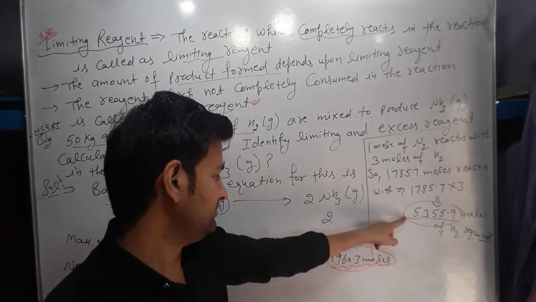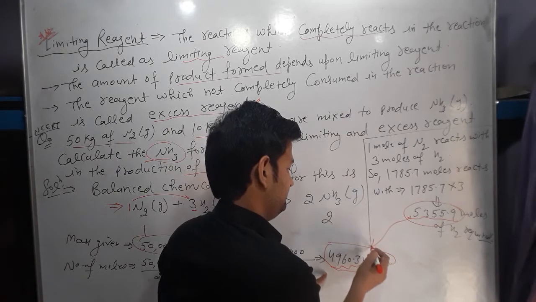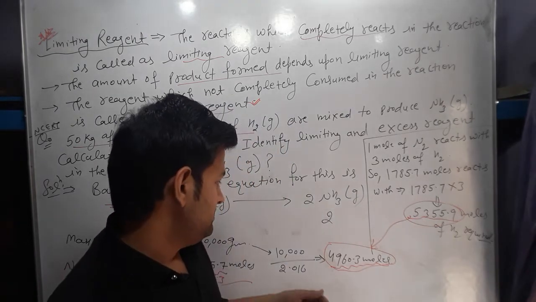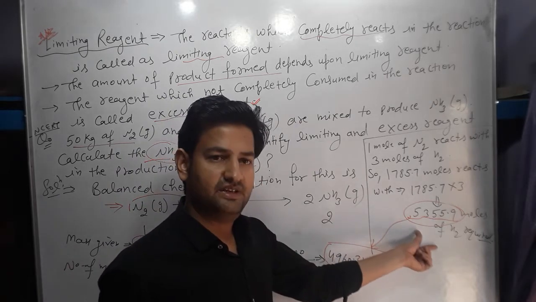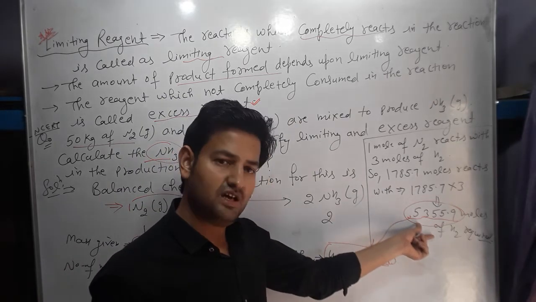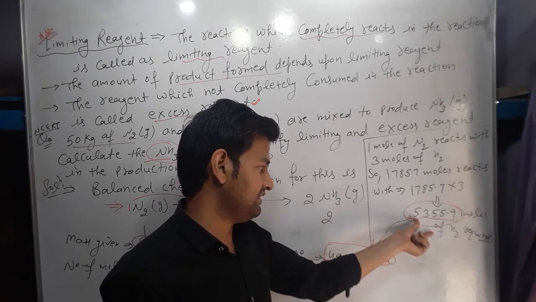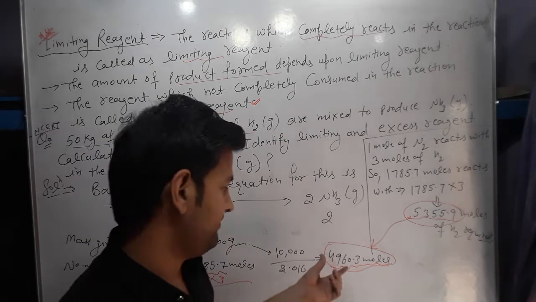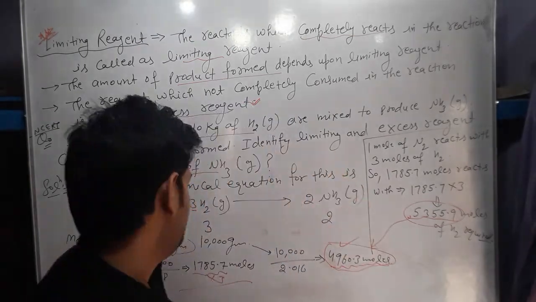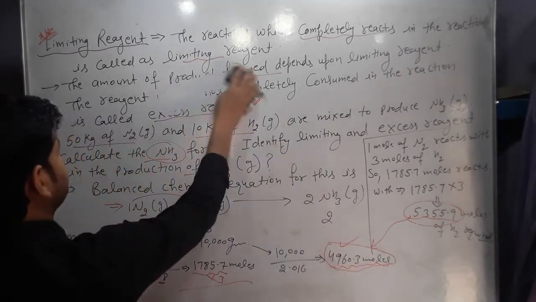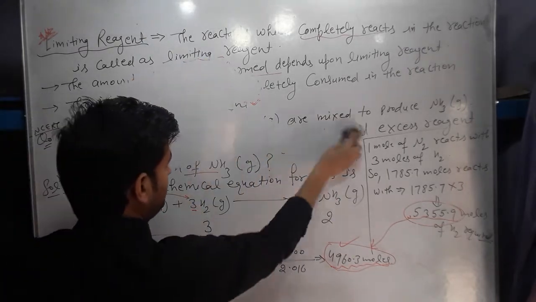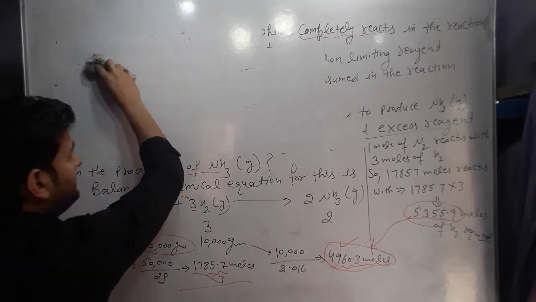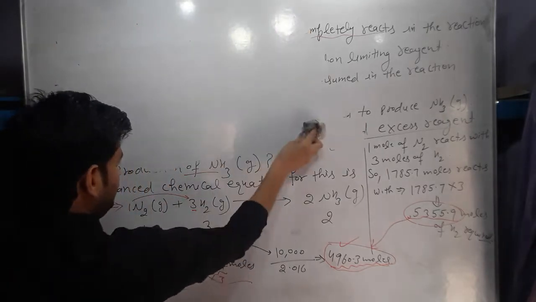But the number of moles of hydrogen present is 4960.3, which is less than the required number of moles. So hydrogen reacts completely, because the required number of moles is more than what is present. The product will be formed according to the limiting reagent, so hydrogen acts here as the limiting reagent.